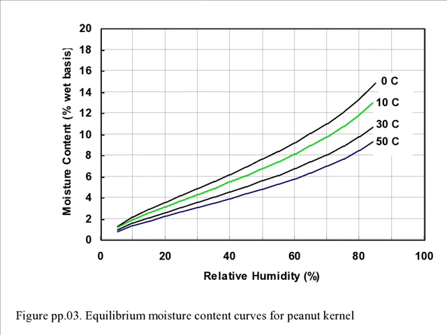Pictured here is a chart of equilibrium moisture content curves for a peanut kernel. What you'll find is that the relative humidity, which goes from 0 to 100 percent, and the temperature affect the equilibrium moisture content, which basically describes how much moisture will be in the food and how that reacts with its environment.